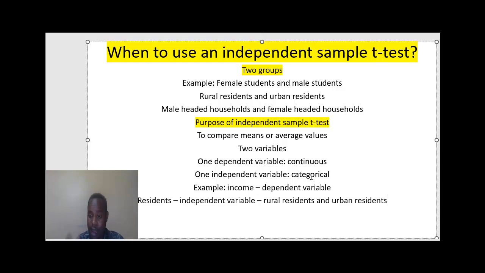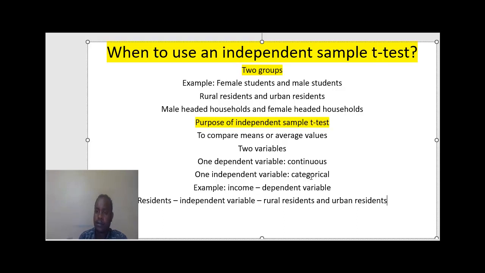Continuous variable is a variable that is measured in terms of natural number, like income, like the height of the people, like for example weight, okay, or count of people, or money, like that.